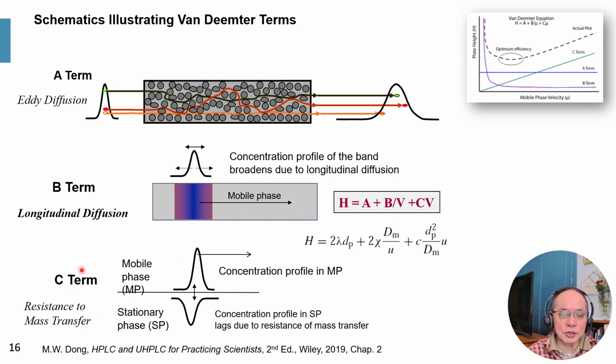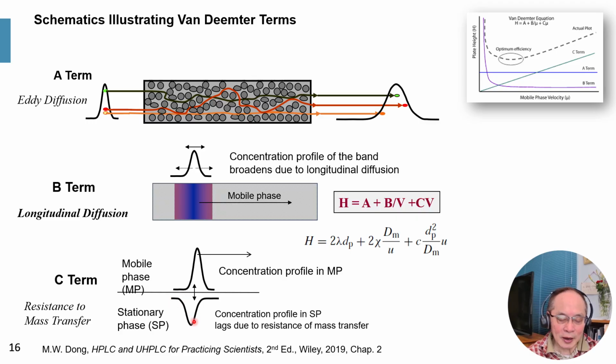So one can imagine there's billions of particles of, let's say, caffeine in this sample being flowed through the column, and they would go inside the pores and actually interact with the stationary phase, such as C18. So there are two profiles.